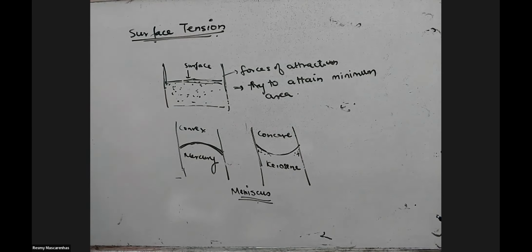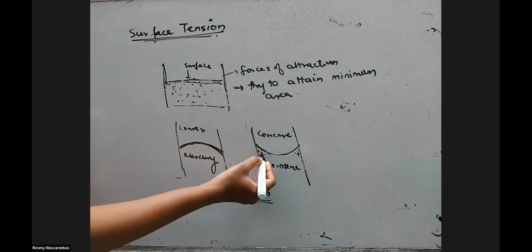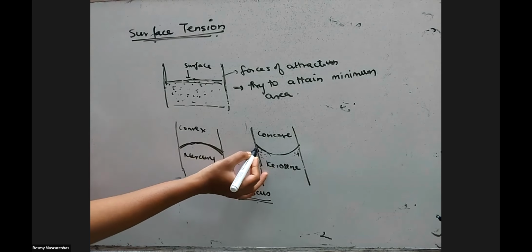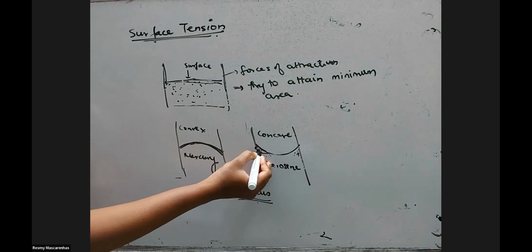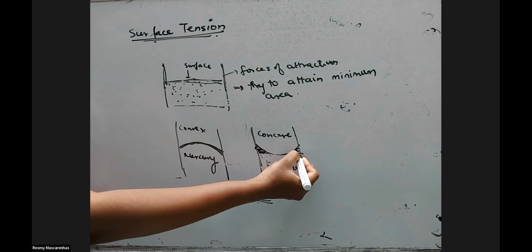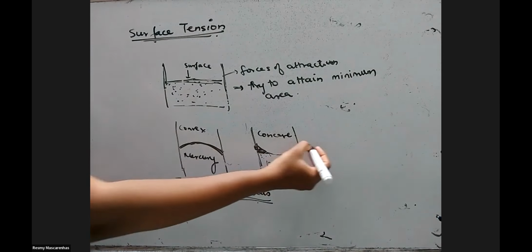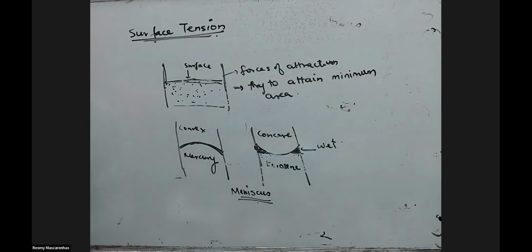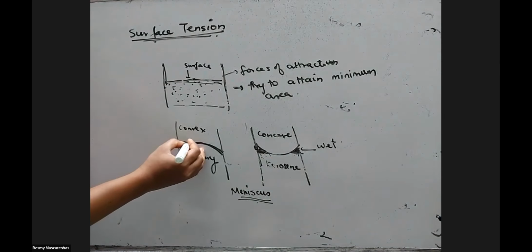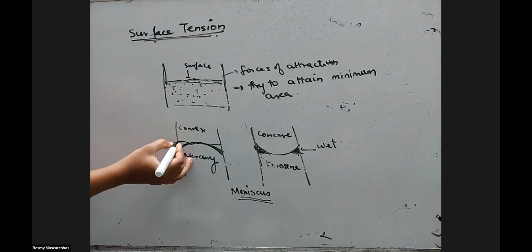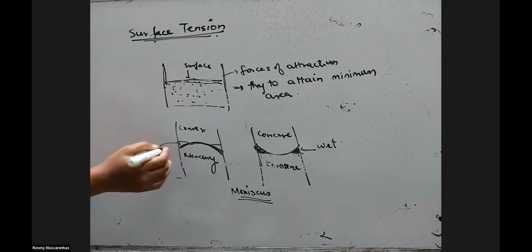Over here, this is going and sticking to this surface. Just see the shaded area. This will become wet, and in this particular area, the water molecules or the mercury molecules have run away. The liquid molecules have run away from the surface, so this is going to be a bit dry.